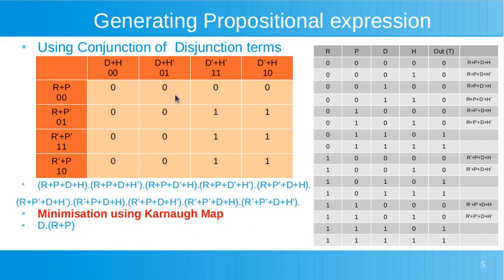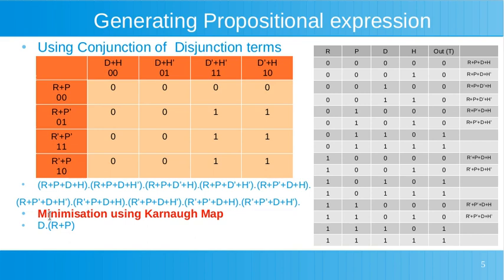So from this group we can find a 2 variable output, that is R plus P. And from this 8 group we will get 1 variable. It will eliminate 3 input values. So here D is fixed, H changes, R and P all of them change.